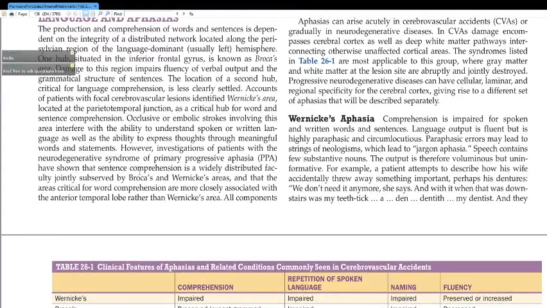Investigations of patients with primary progressive aphasia. Let me just check what is aphasia exactly. I am not very sure of what I know. It is an impairment of language affecting the production or comprehension of speech and the ability to read or write.